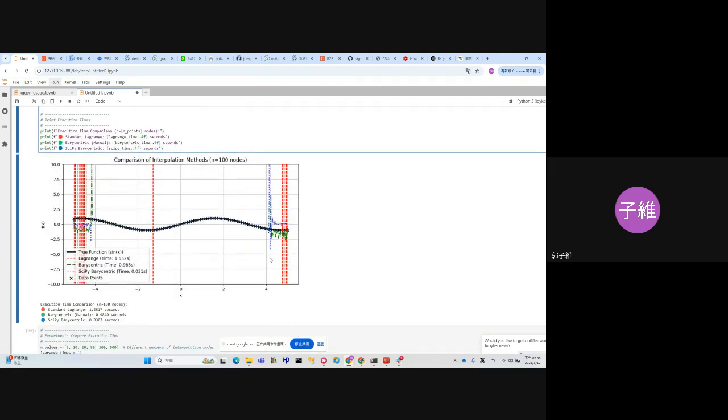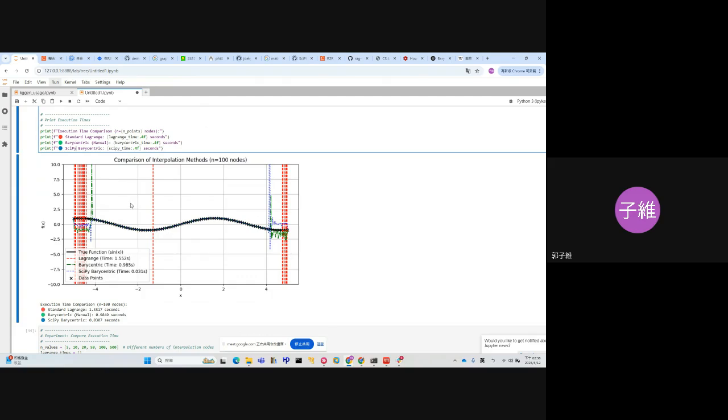We can see here, we're trying to interpolate the sine function. And we can see that the Lagrange method is not very stable at handling a larger data set. See, right here.